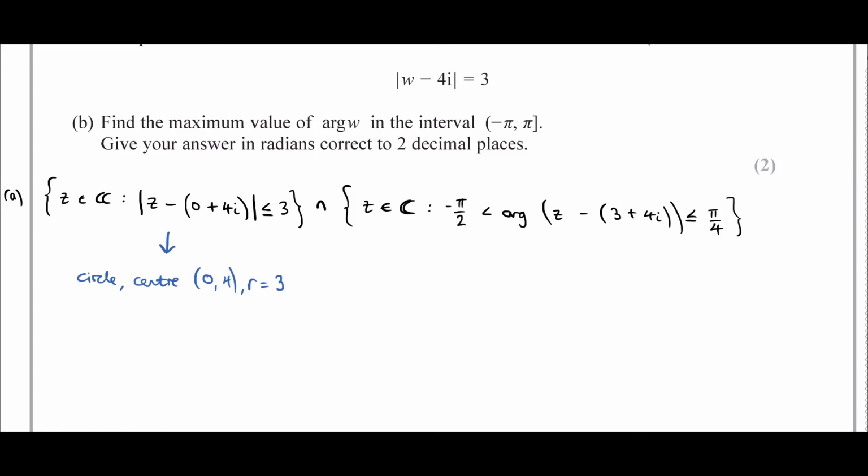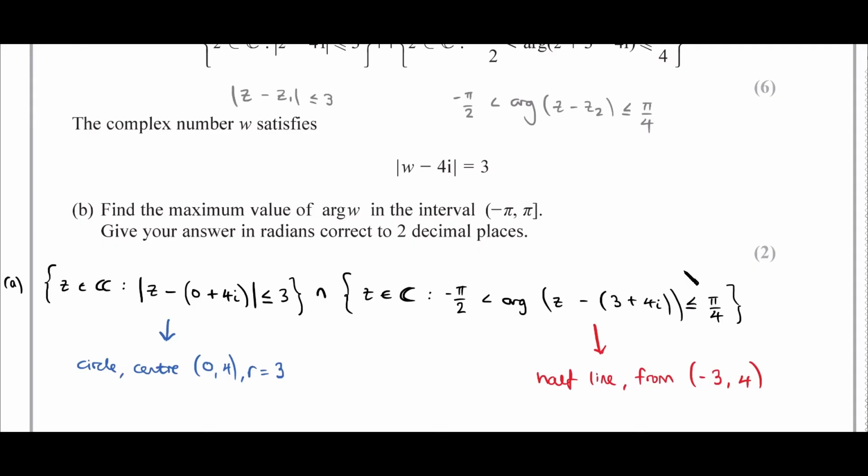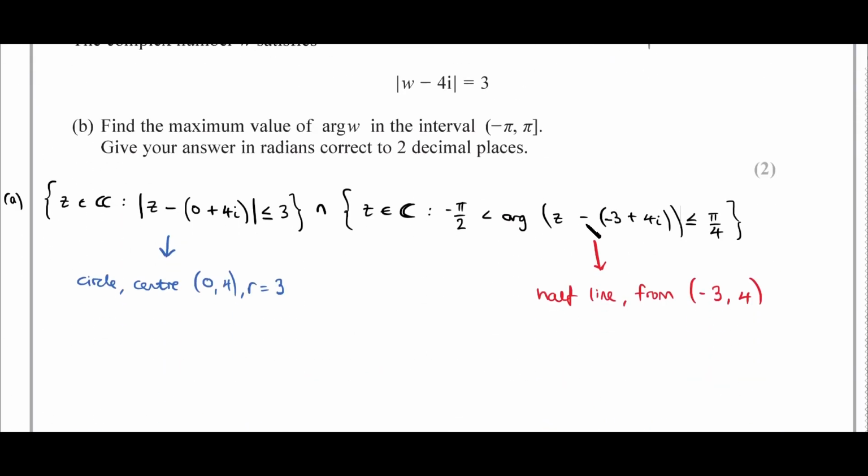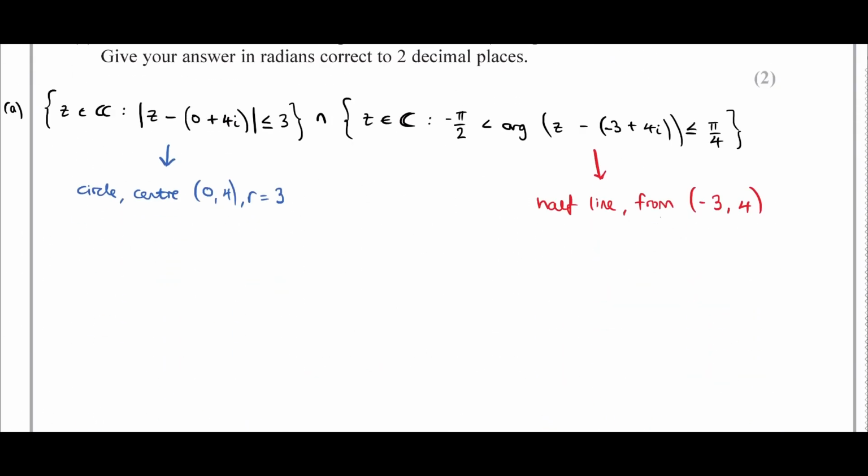Okay, and here we see that we have a half line from the point minus 3, 4. Sorry, this should be a minus over here, because minus minus 3 gives 3. So therefore we have a half-line from minus 3, 4.